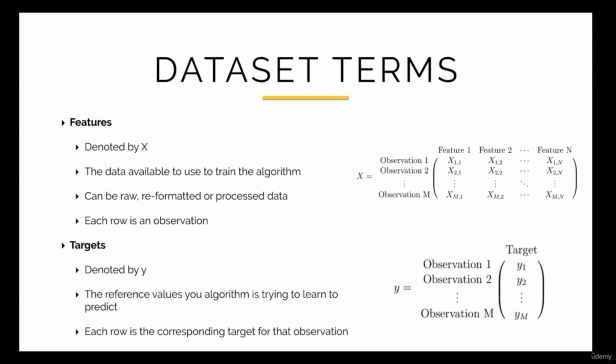For each observation, which in this case would be a person, we have in our X, in our features, all of the relevant features, and in our y, in our targets, it would just be the weight. So y1 would be the weight of person 1, y2 would be the weight of person 2, and so on.